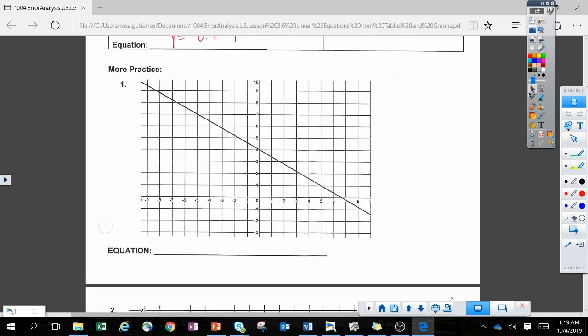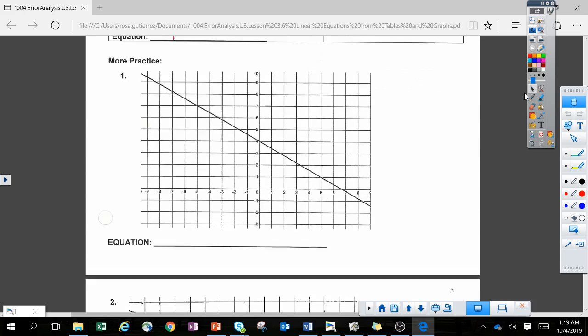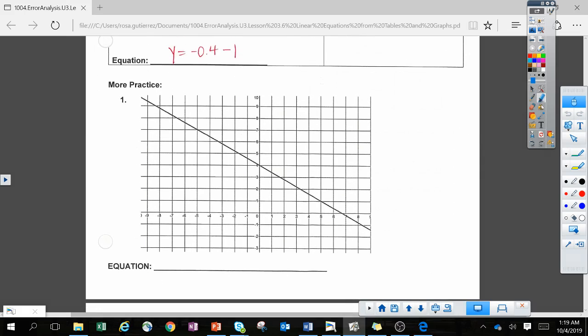So when you see these graphs, questions 1 and 2, I would hope that the first thing you do is highlight your y-axis to figure out what the y-intercept is. Okay? The x value is going to be 0 because it's a y-intercept. Whatever your y value is here, that's going to be your b value.